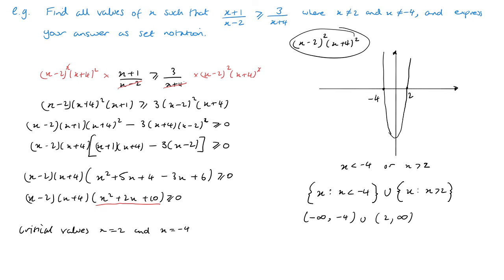And this notation uses curved brackets for less than or greater than, and square brackets for when it's equal to. So this means x is less than -4, and if I put a square bracket on it, it would mean less than or equal to -4.